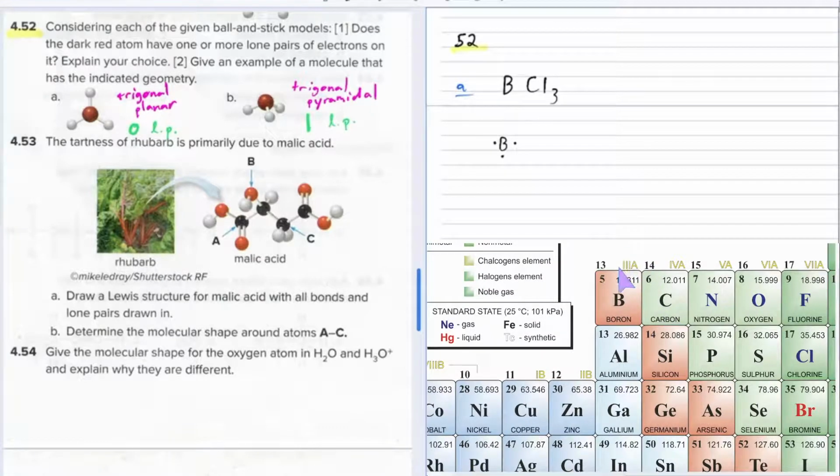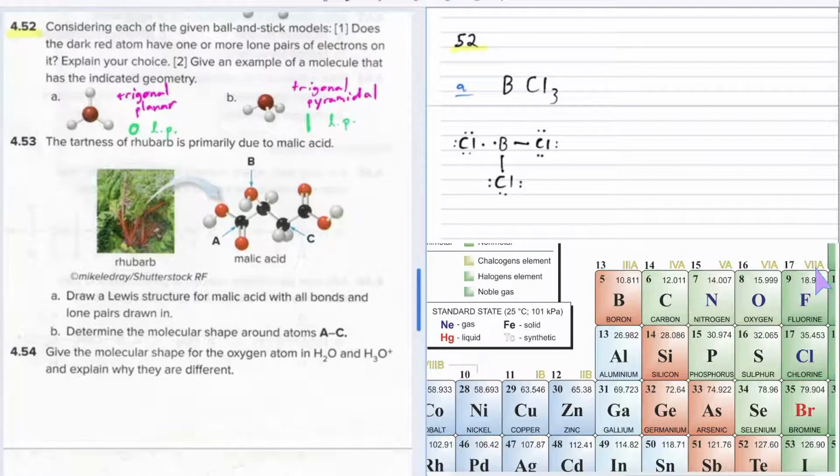Boron is in group 3A, 3 valence electrons, and then the chlorines are right next to the bromines, so 7 valence electrons each. I did bromine, didn't I? So let me put chlorine in there, 7 valence electrons.